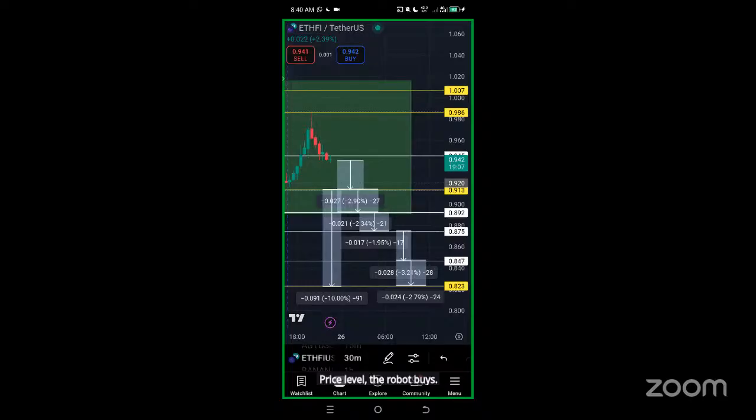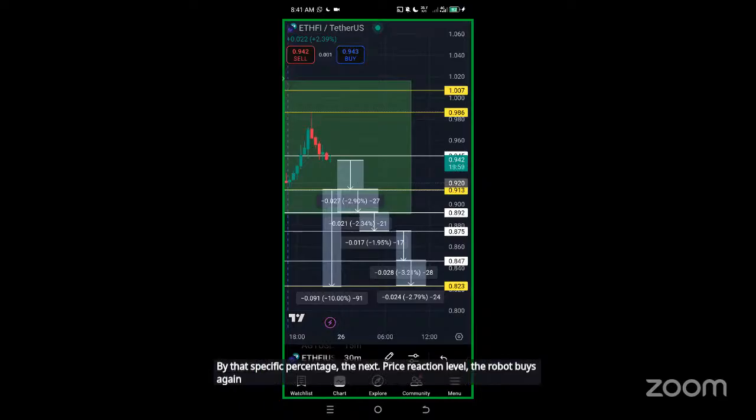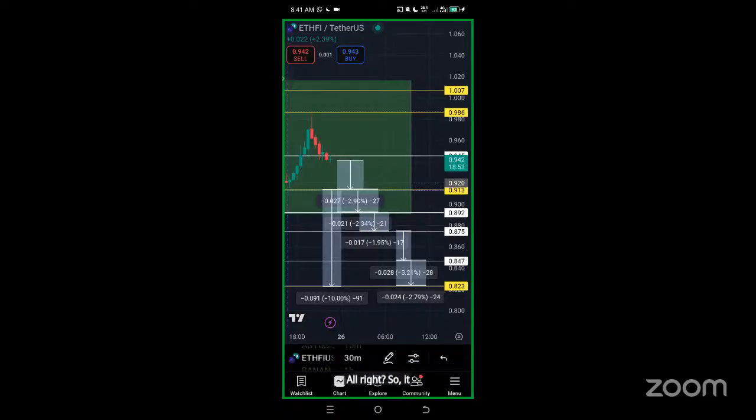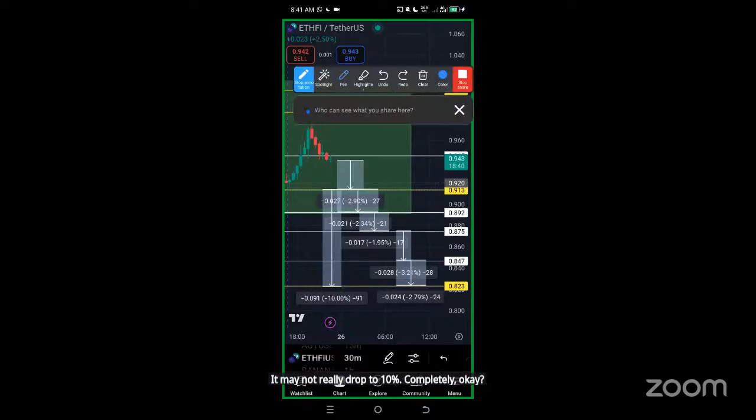If it continues further by that specific percentage, the next price reaction level, the robot buys again. So it continues buying down the dip as the market price dips to 10%. All right? So it is an intentional setting. It's not based on assumption, right? But if it doesn't really drop to all the 10%, sometimes it may not really drop to 10% completely, okay? It may drop to end of this and then it reverses.